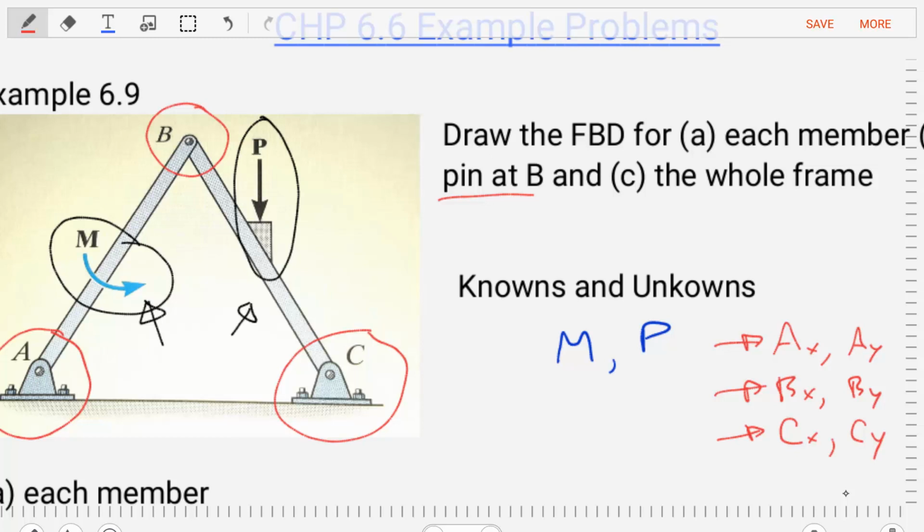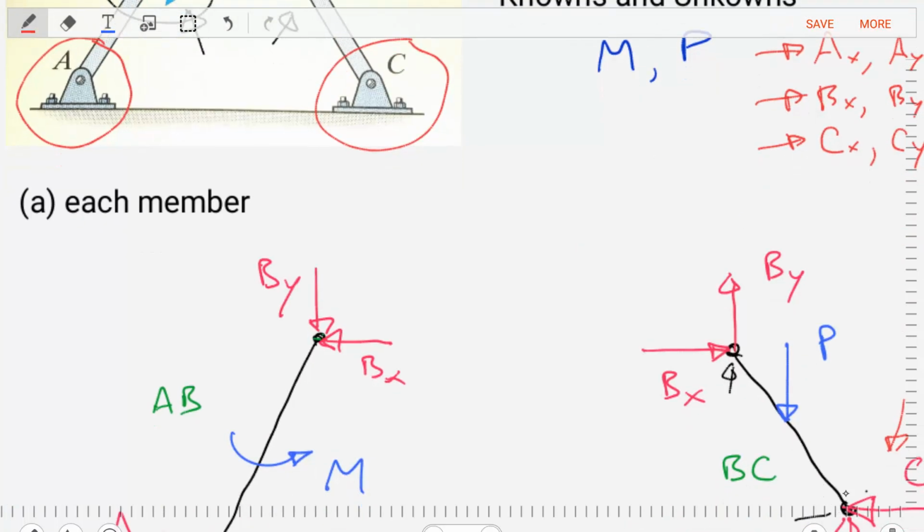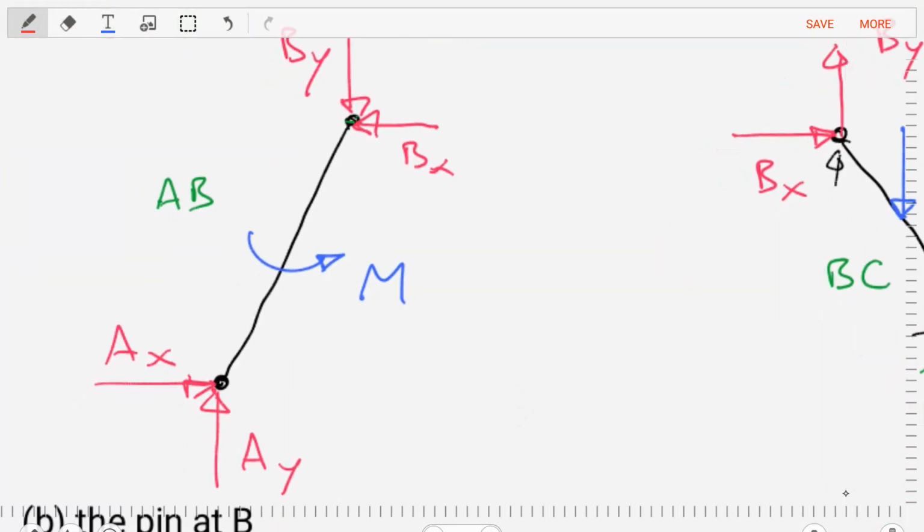So now that we've analyzed this a little bit, we've got an idea of what things we might have to find. Let's go about creating our free body diagrams. Part A asks us to find the free body diagram for each member. There are two members, so we're going to create two free body diagrams. Let's start with the member on the left, which is member AB.